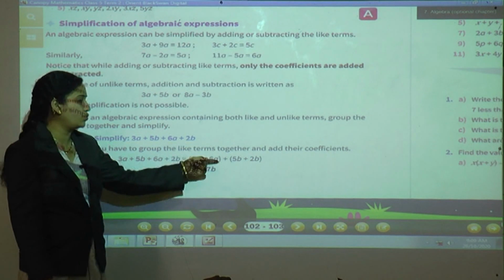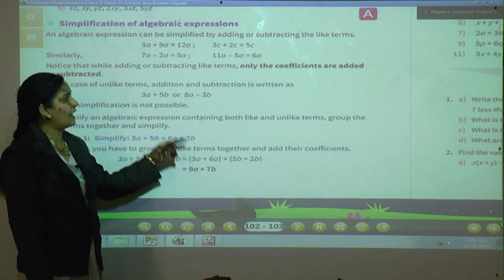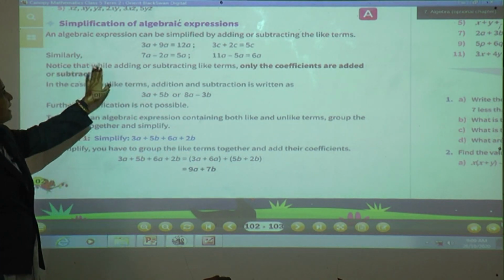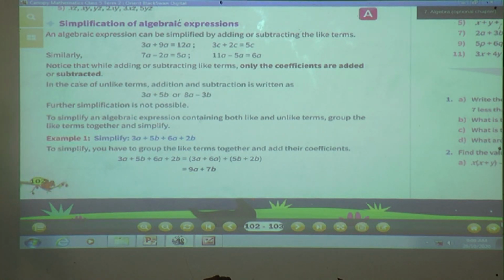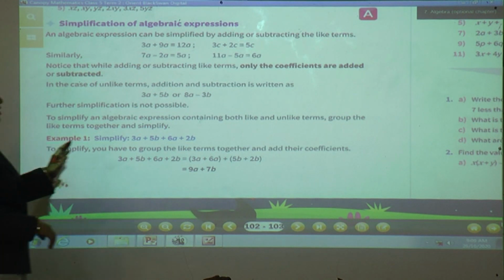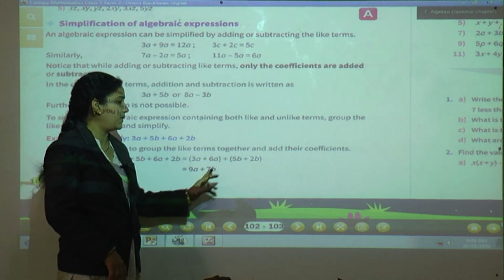So add these terms: 9a. As per our rule, while adding or subtracting like terms, only the coefficients are added or subtracted. So here the answer is 9a plus 7b.